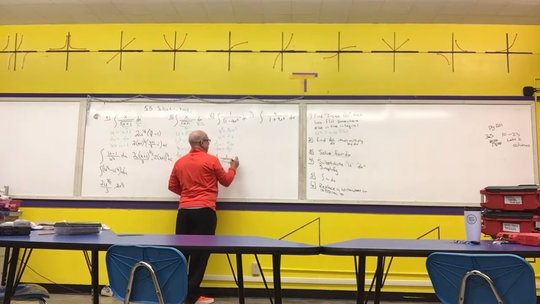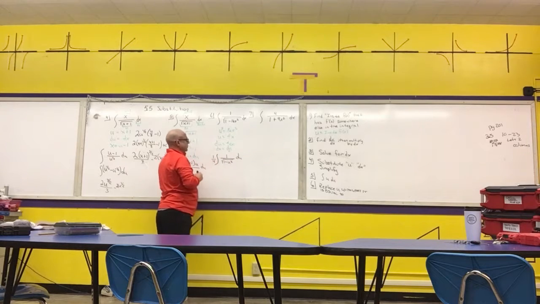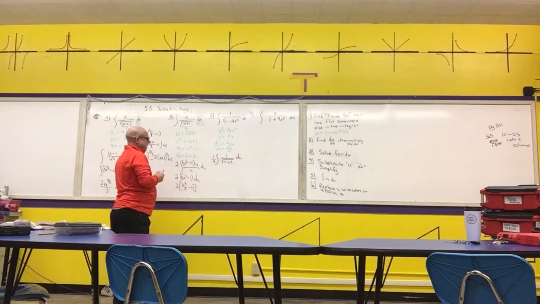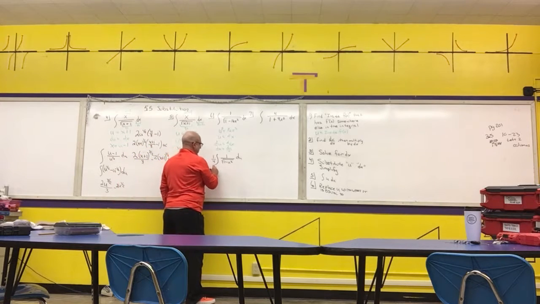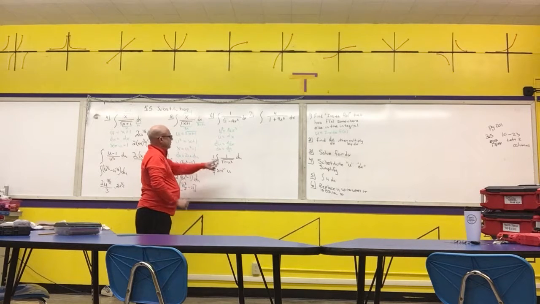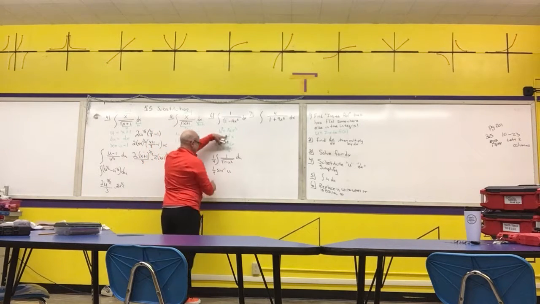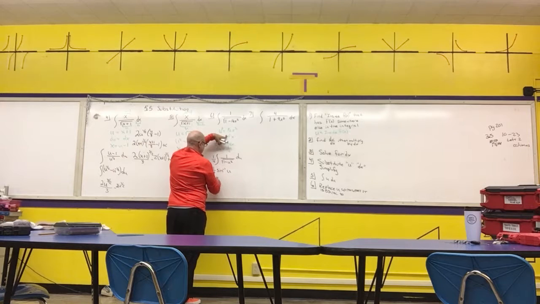Where dx goes, I write du over 4. I can now take the antiderivative. It's going to be 1/4 inverse sine of u. Substitute back in for u, and I get 1/4 inverse sine of 4x plus c.